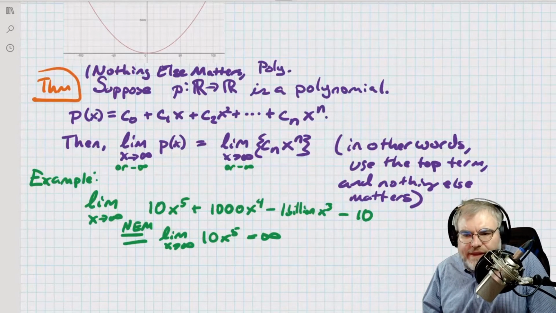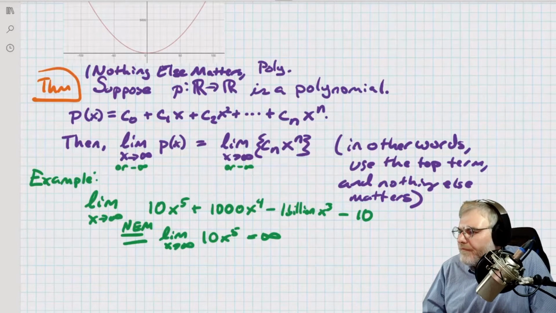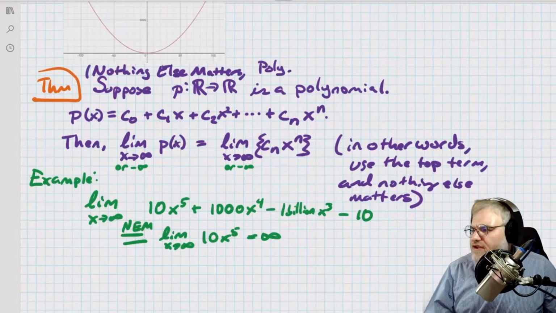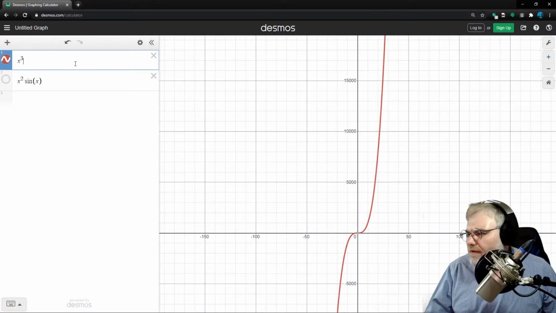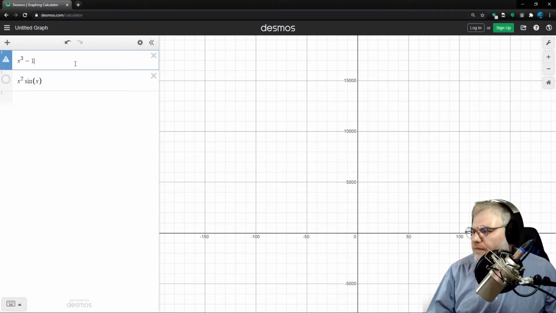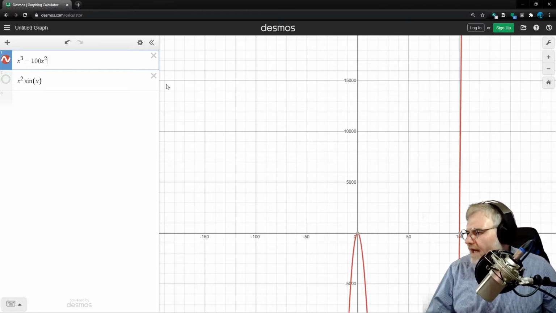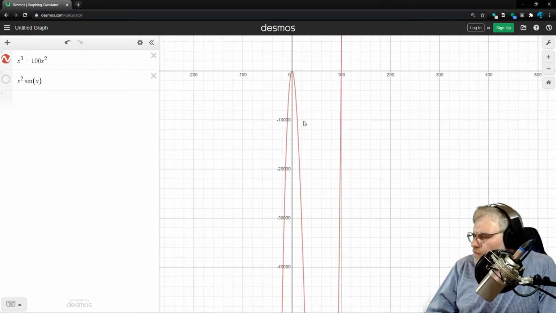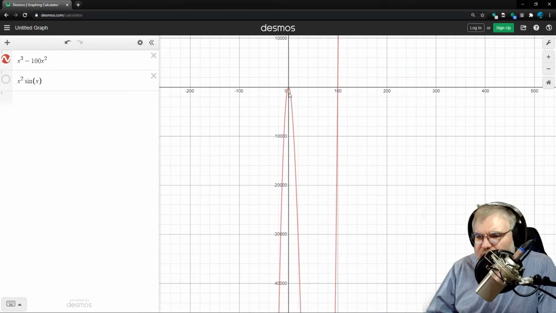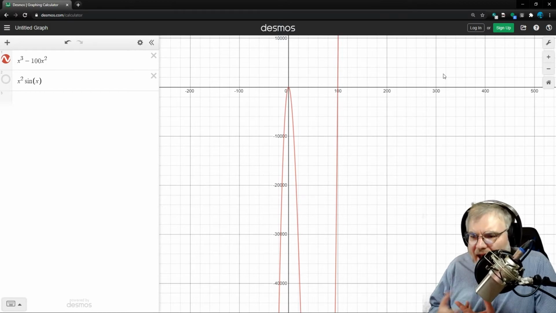And when you think about this, this makes sense, right? Because if I have x cubed up here, let's go back to our little Desmos. If I have x cubed minus 100x squared, when we're talking about the stuff between 0 and 100, that 100x squared matters.